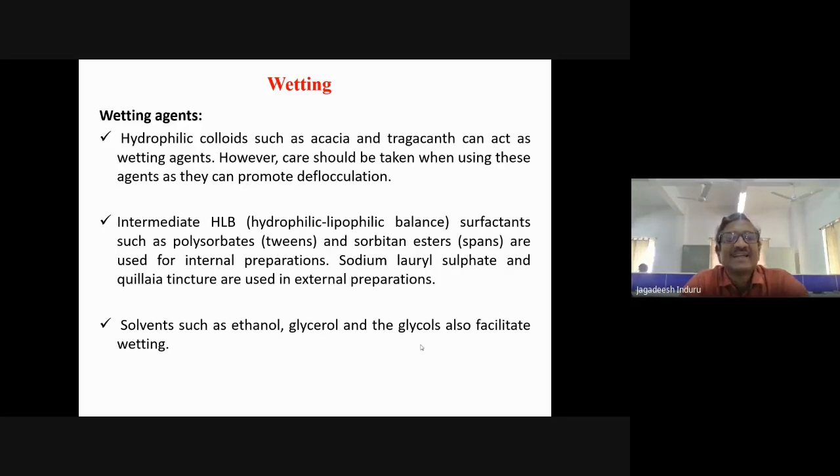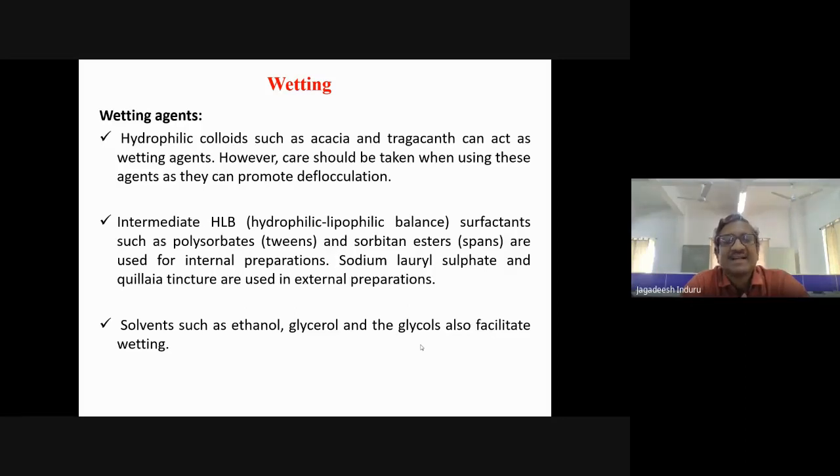There are the intermediate HLB, that is hydrophilic lipophilic balance, surfactants such as polysorbates, Tweens, and sorbitan esters like Spans. They are used for the internal preparations, and sodium lauryl sulfate, which is another surfactant, is used in the external preparations.